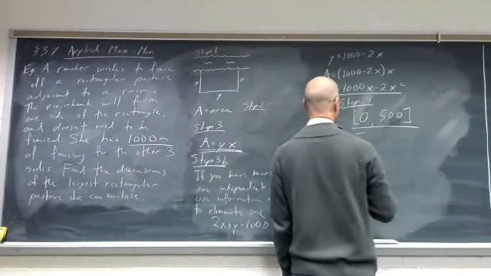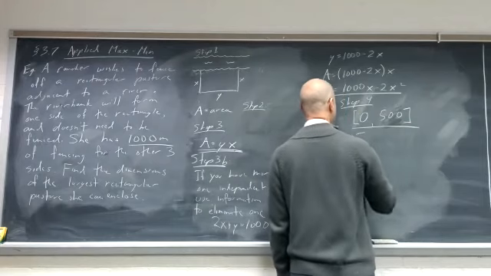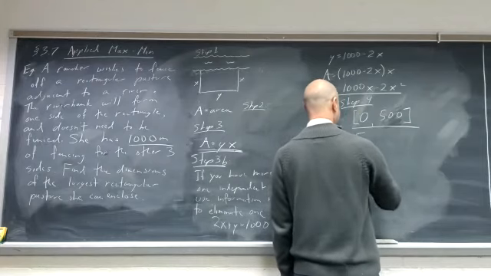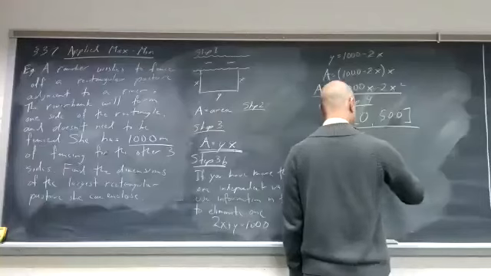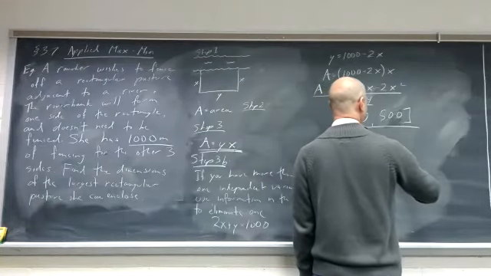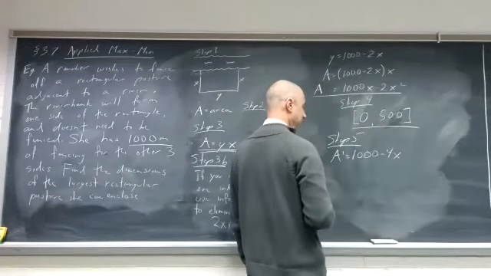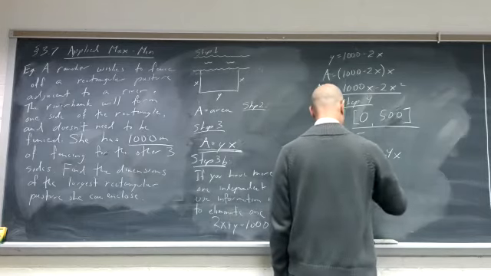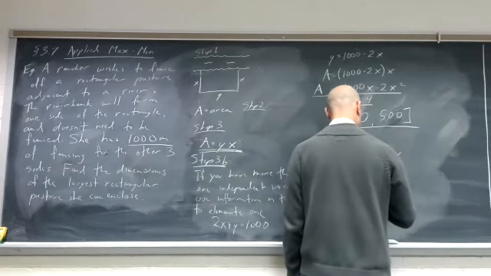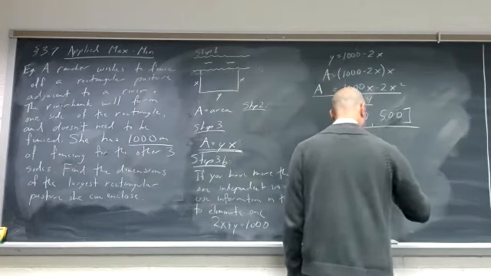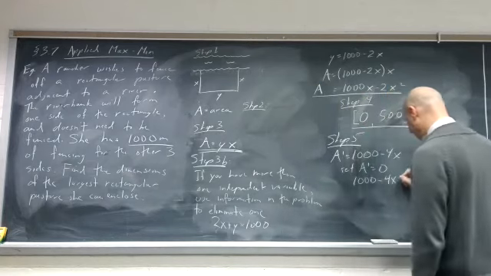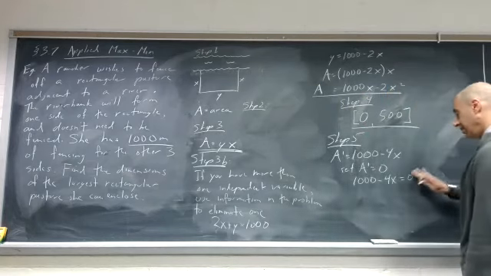So let's find our critical points. A prime equals 1,000 minus 4x. Set A prime equal to 0. So 1,000 minus 4x is equal to 0.